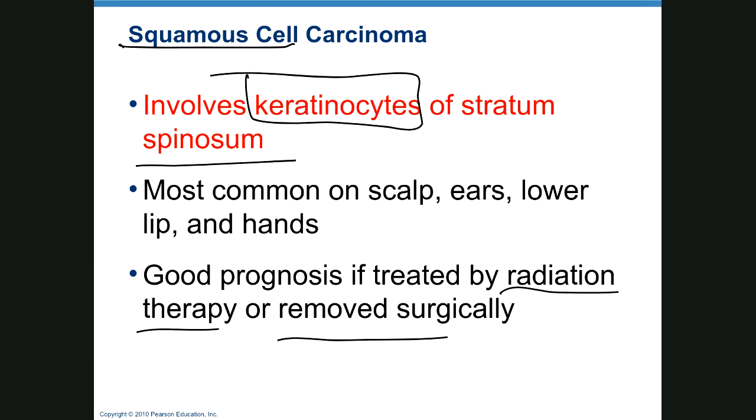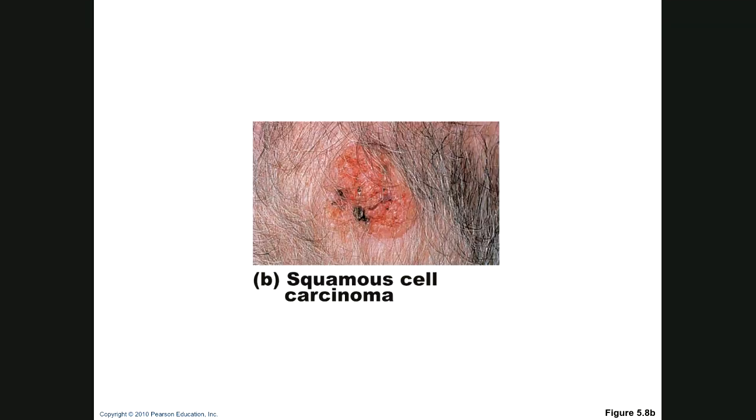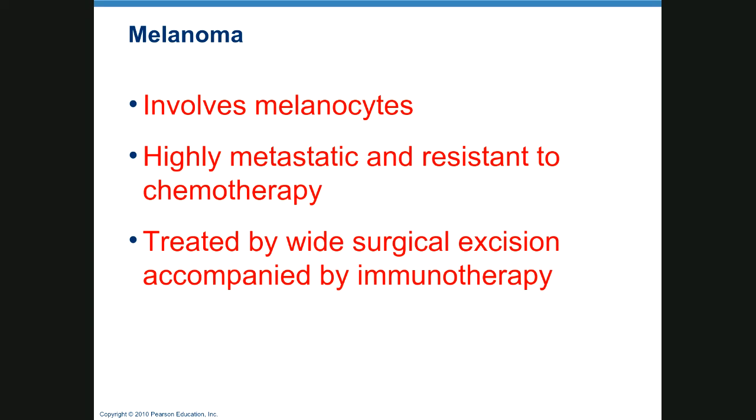Again, it appears in areas that are more subjected to UV light, like the ears, the nose, hands, etc. And this is what the lesion looks like. It looks like an open wound that doesn't heal. Okay. Now, the most serious type of cancer is the melanoma. Melanomas are one of the worst types of cancers, actually.